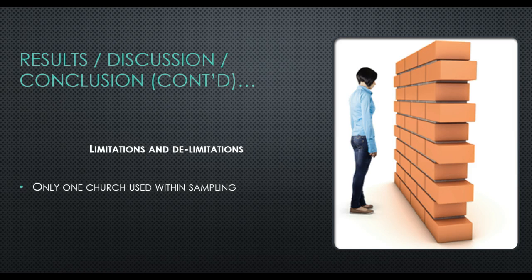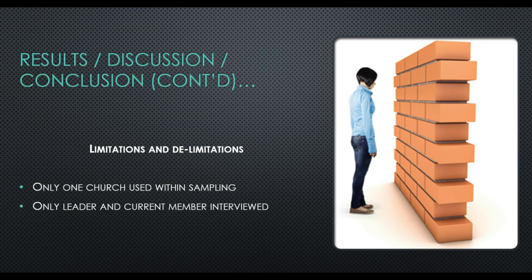I think it would have been more helpful, and I think the results would have yielded some more useful conclusions, if there would have been several churches involved, or even interdenominational or different denominational aspects and varying degrees of church membership. I think that would have really been helpful.